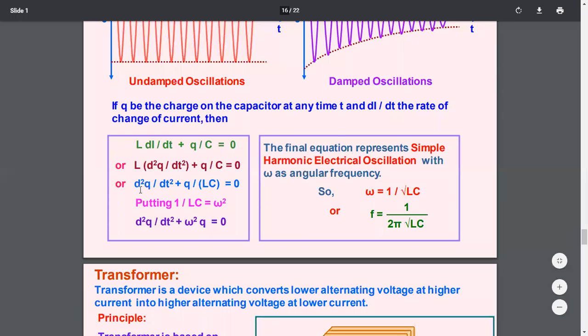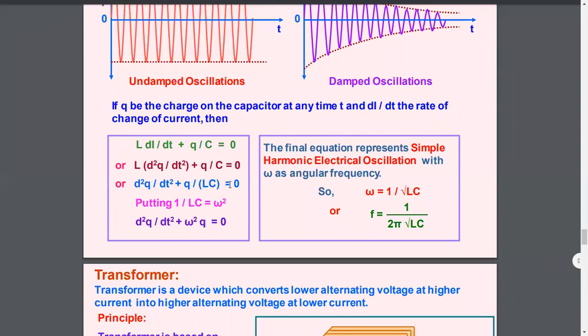And this is the differential form of the harmonic equation. This is the differential equation representing LC oscillation or SHM. As we see that q is the variable quantity, 1 upon LC can be equated with omega squared, that is angular frequency.